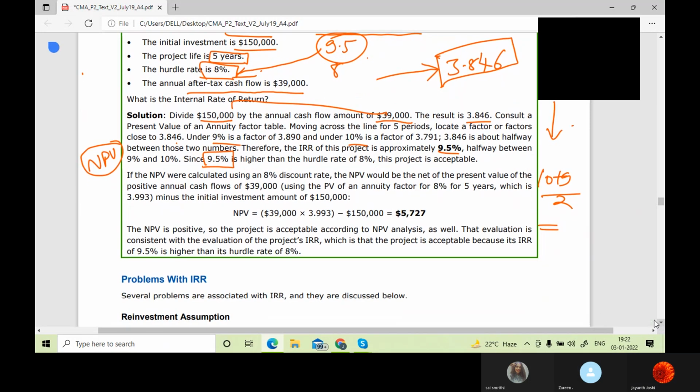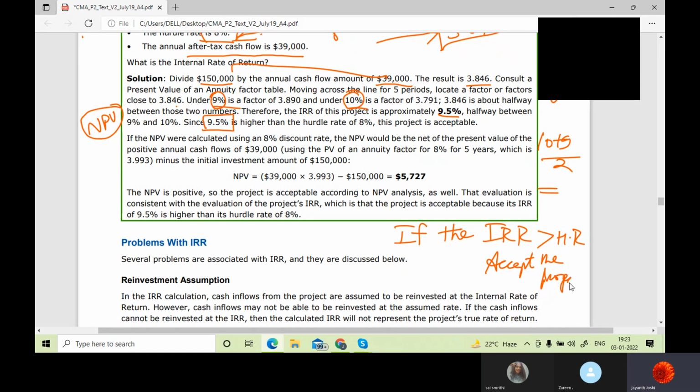So if the IRR of the project, which is the average of a lower rate of 9% and a higher rate of 10%, is more than the hurdle rate, accept the project. If the IRR is less than the hurdle rate, reject the project.